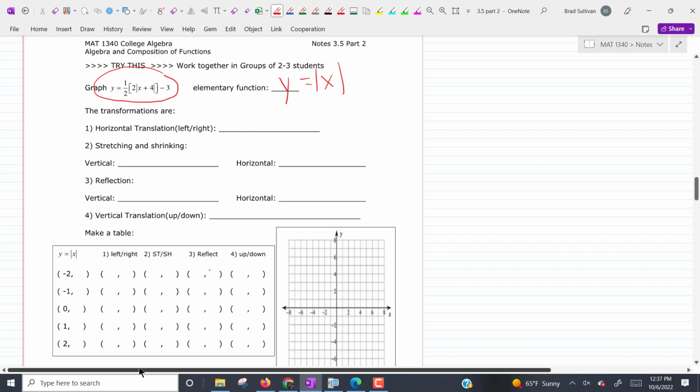As far as reflections go, that number would have to be negative to cause a reflection over y. That would have to be negative 1/2 to make it reflect over x. So there is none. Okay, you got that. Let's see if you can put the numbers together and compare how you're doing.